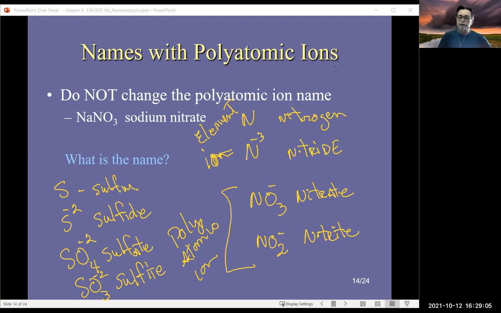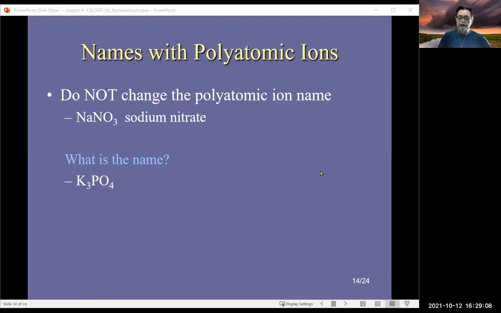Let me turn this up a little bit. So we have here potassium, and then you see phosphorus and oxygen. So as I was working with nitrogen, the same is true with phosphorus. You might think phosphide, but right immediately next to it is oxygen. So it is bonded to the phosphorus. It's following the phosphorus immediately, and there's 4 of them.